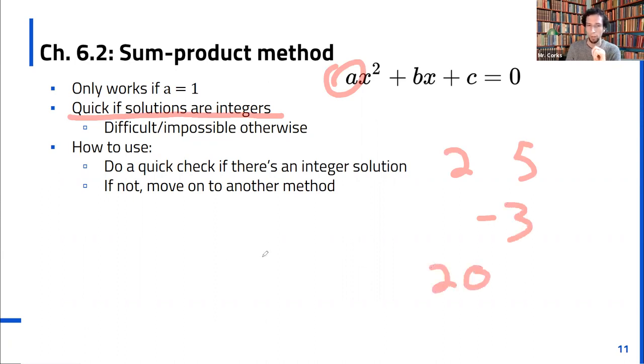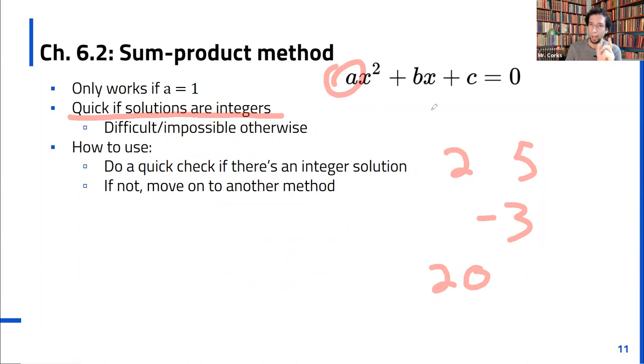But if it's like 1.326, not going to work. With the sum product method, eventually you would find it in theory, but it's just really tedious.